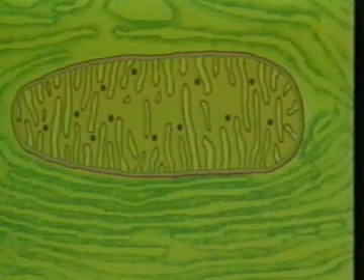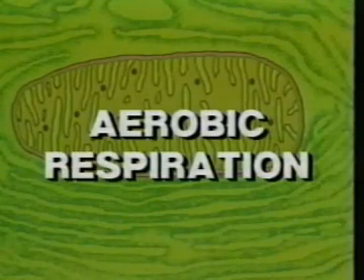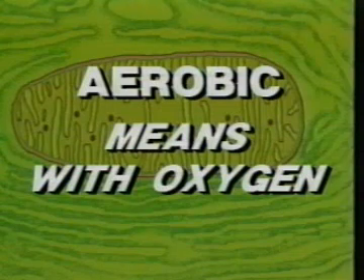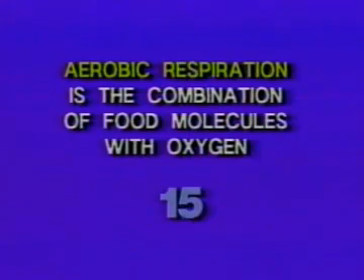The reaction that takes place in the mitochondria is known as aerobic respiration. Aerobic means with oxygen. Write this definition under number 13 on your activity sheet. Aerobic respiration is the combination of food molecules with oxygen.